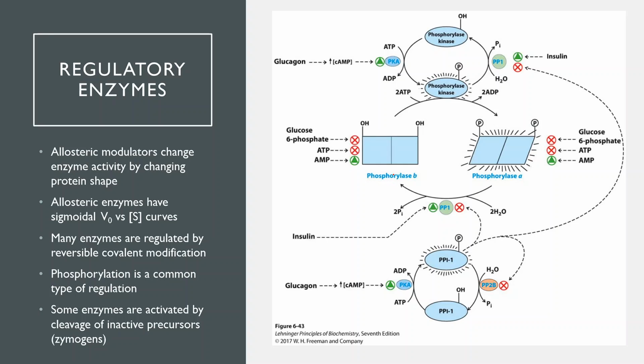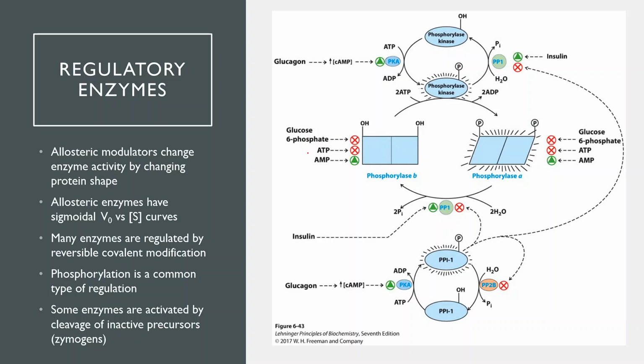Phosphorylation by phosphorylase kinase regulates that enzyme, but then there are also lots of modulators that can affect it. So we'll learn later that phosphorylation of glucose is an important step in breaking down glucose for energy and eventually producing ATP.